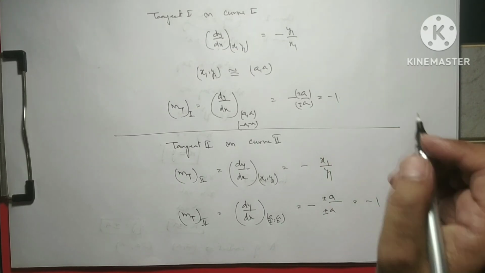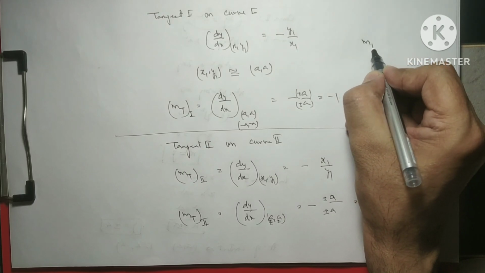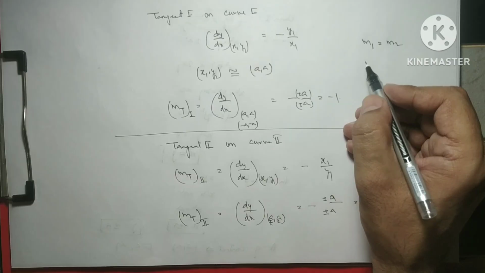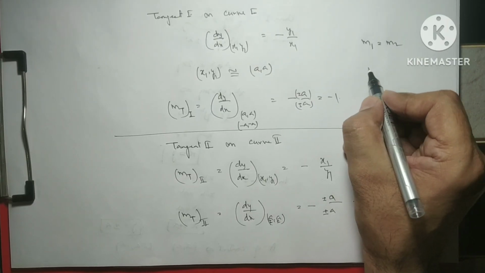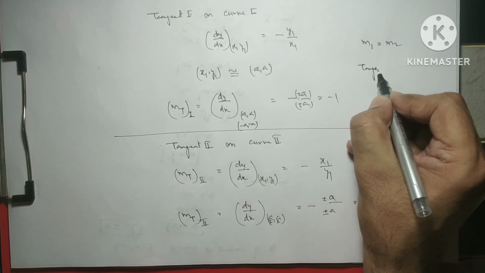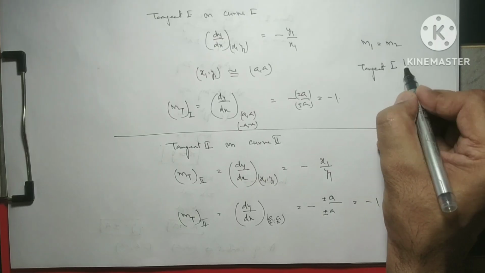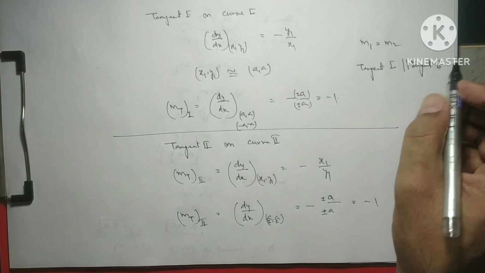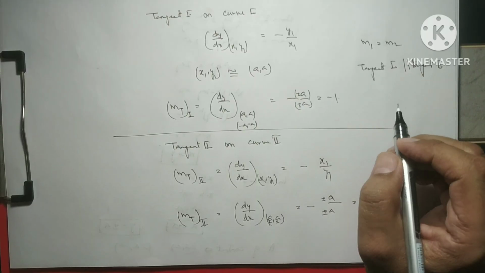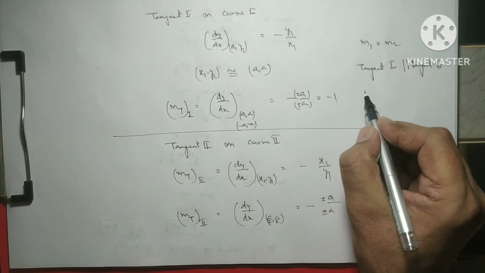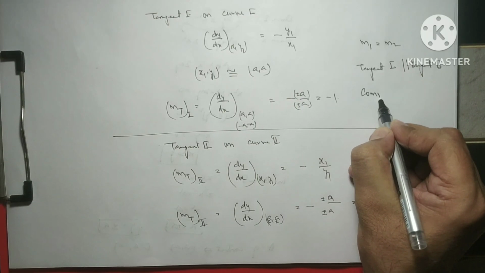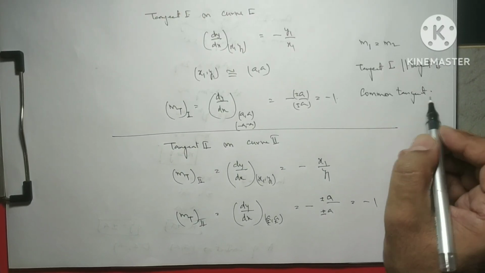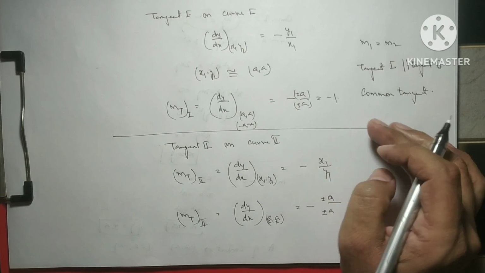If the slopes of two lines are equal, that shows these lines are parallel. So tangent 1 and tangent 2 are parallel, and the point of contact is only one, so this is a common tangent. That means curve 1 and curve 2 touch each other.